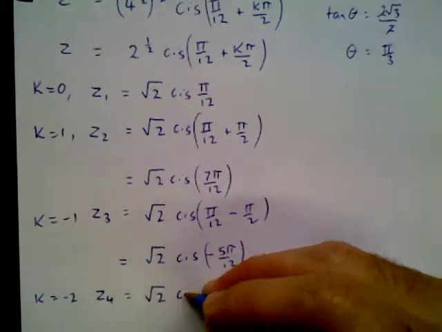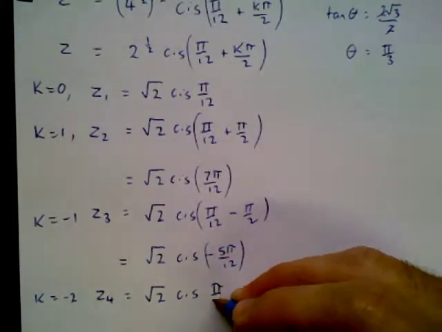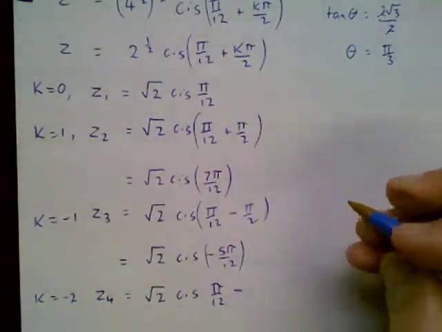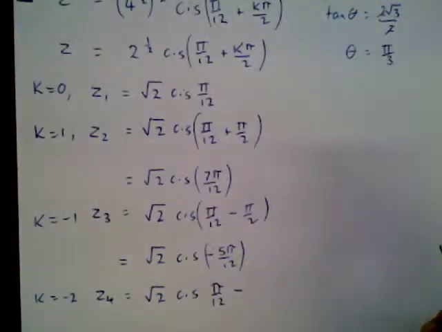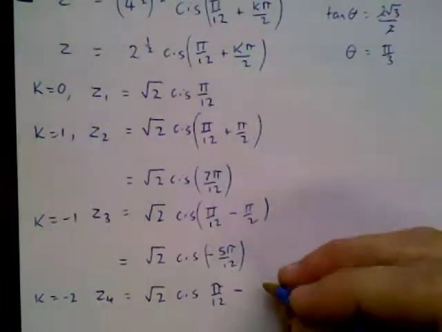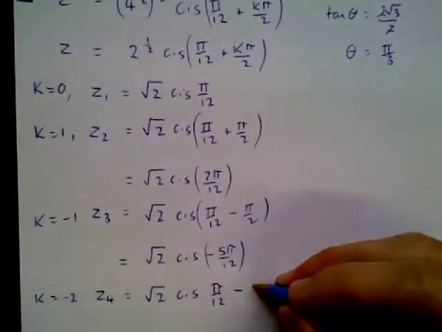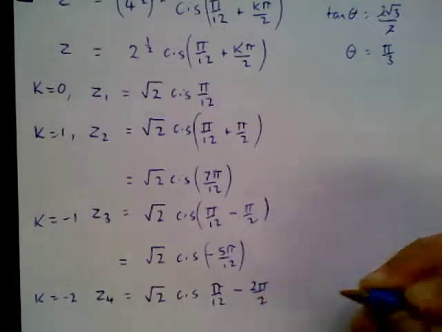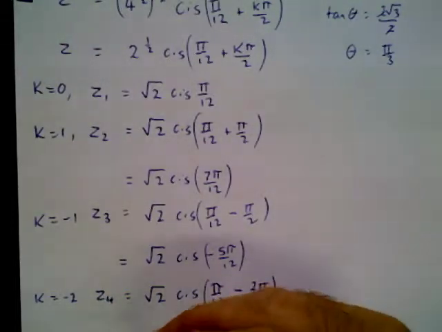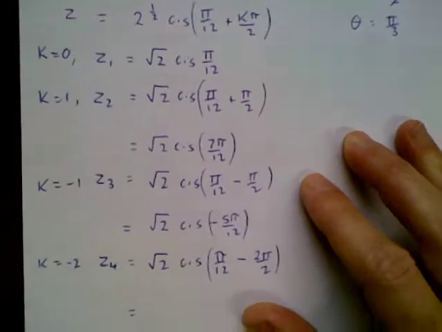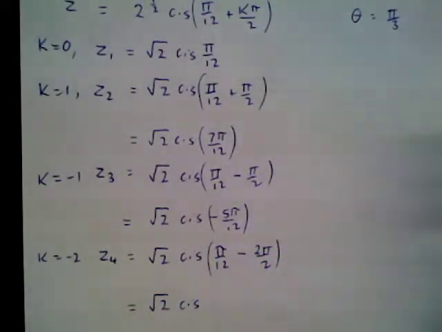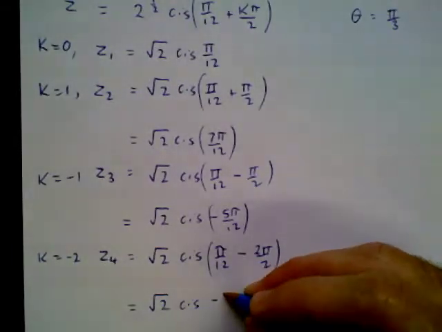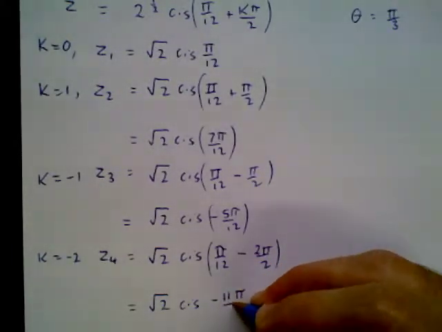z4 is equal to root 2 cis, this time it'll be pi on 12, take away 2 pi on 2, and that gives us root 2 cis -11 pi on 12.